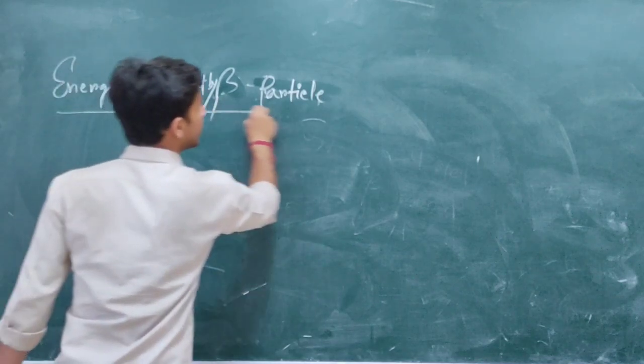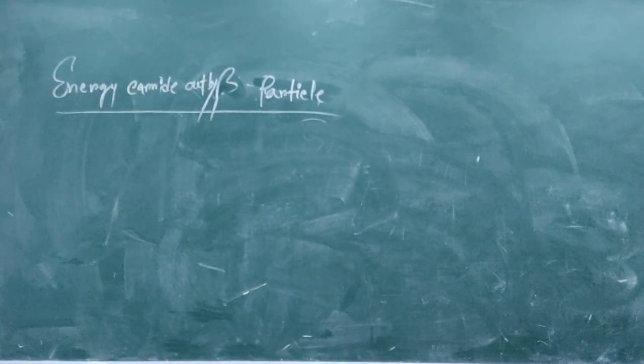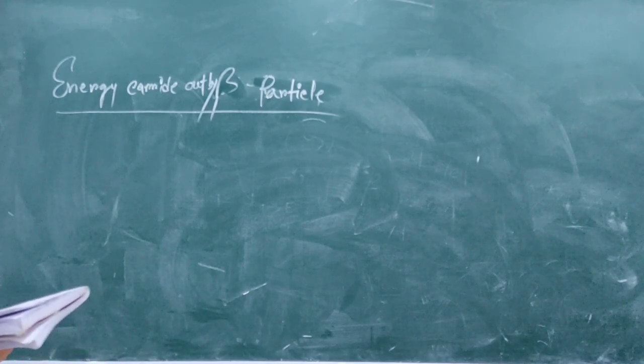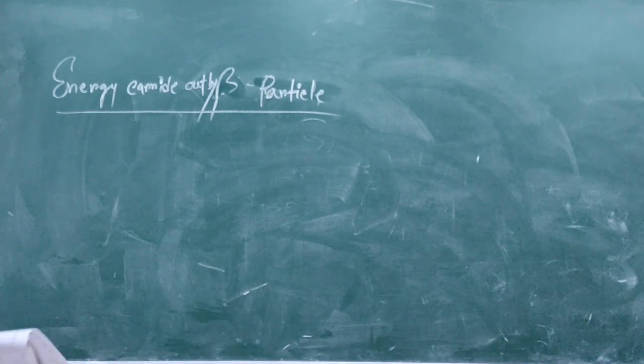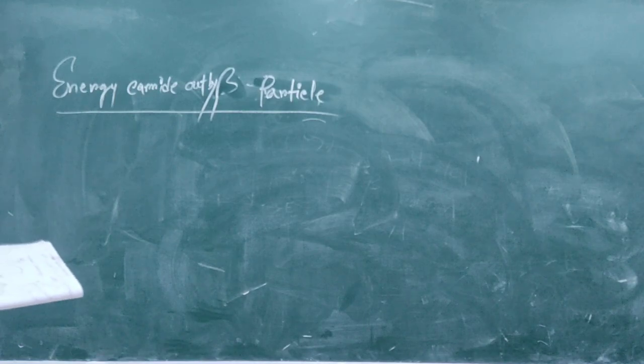So for calculating the energy carried by the beta particle, we have to consider the equation which says the transition probability is lambda.